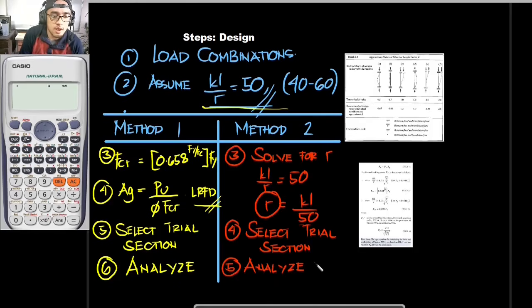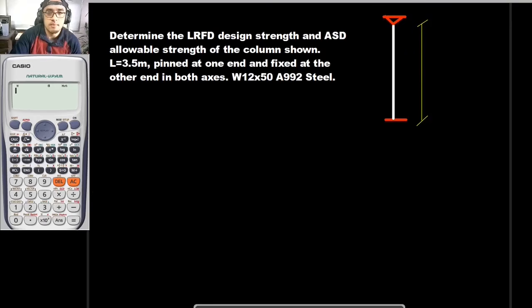And once again, in this step right here, you would be solving for both ASD and LRFD. So, ayan, this would be the steps in designing your compression members. Okay, so let's just have an example instead.